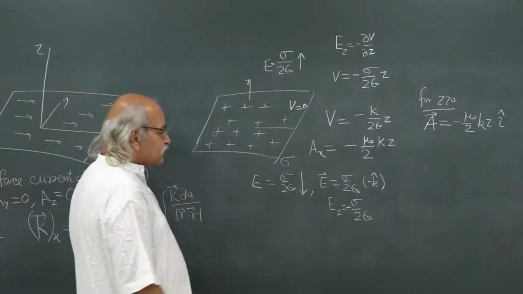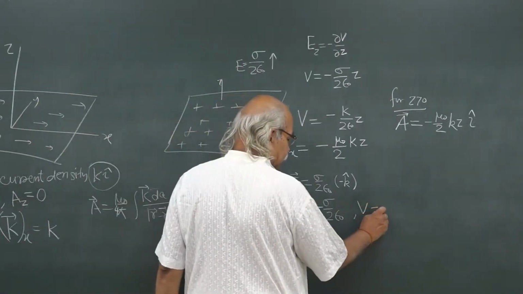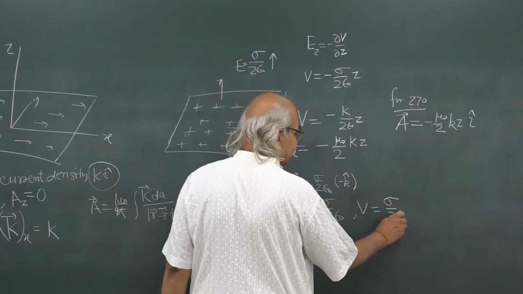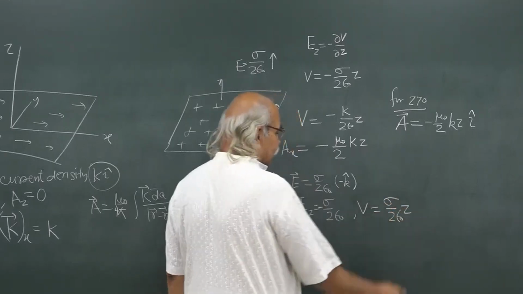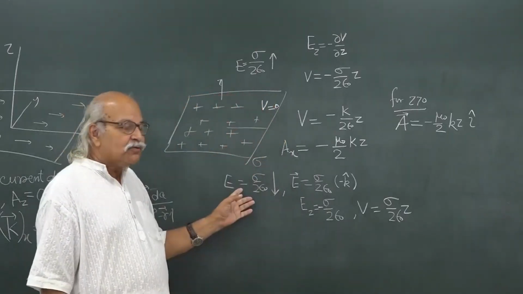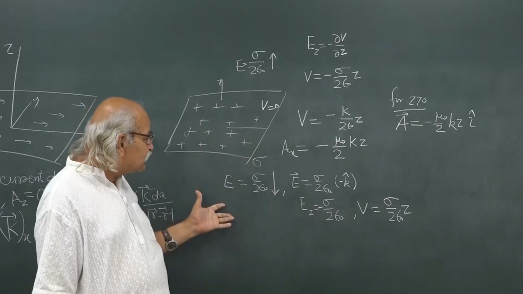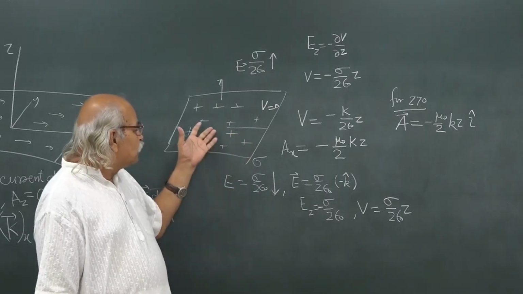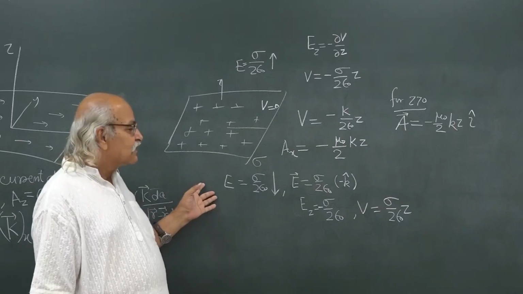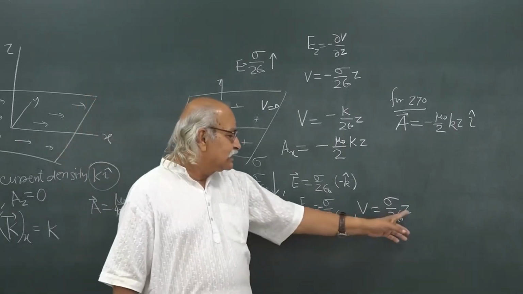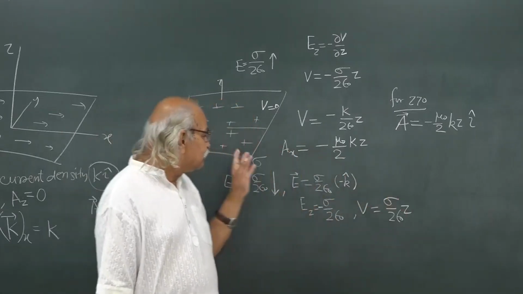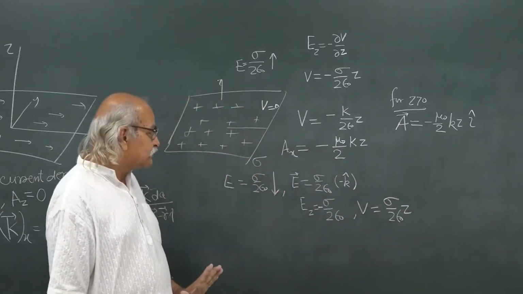So, what is V then? The potential is sigma over 2 epsilon naught times z. Since it is 0 at the surface, if you are going down, you are going in the direction of the electric field. If you go in the direction of the electric field, the potential decreases, therefore it should decrease. z itself is negative here, and therefore V will be negative, and this is the right expression.